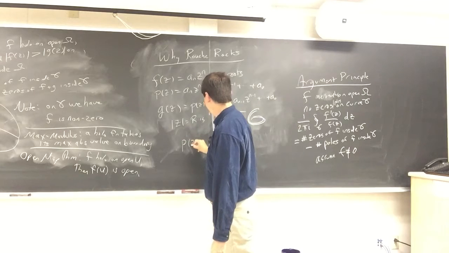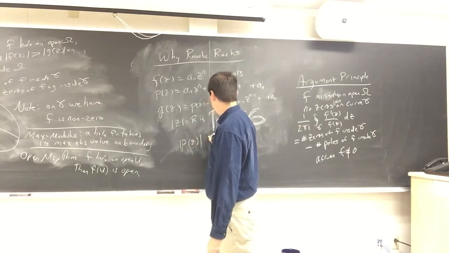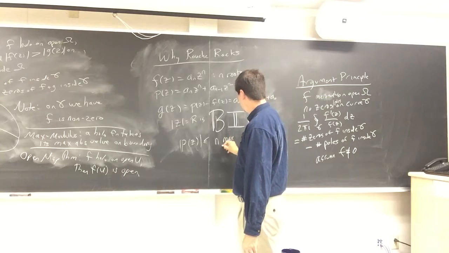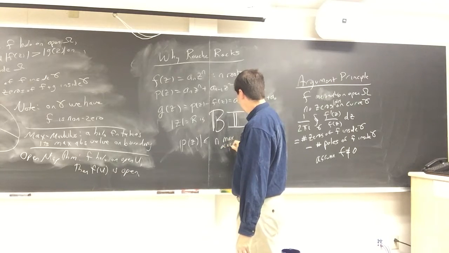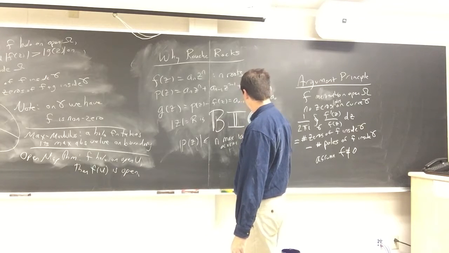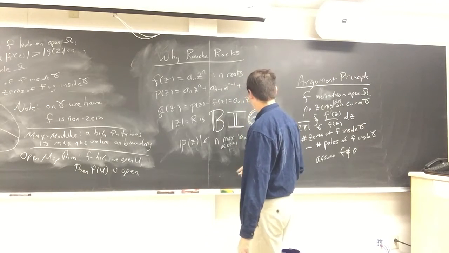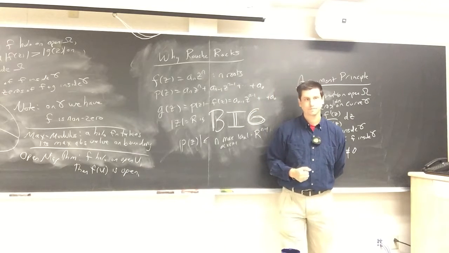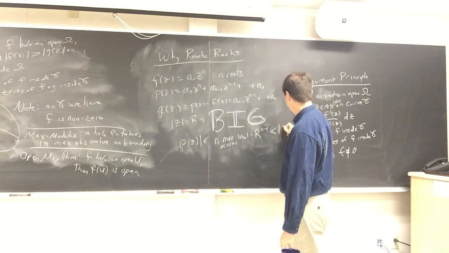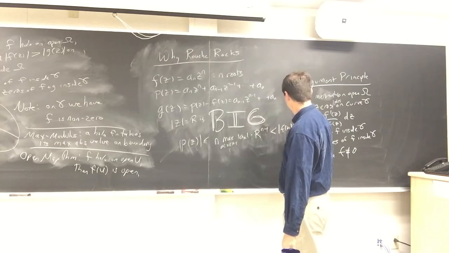The absolute value of g of z is going to be at most, we have n terms, n times the maximum over 0 less than or equal to k less than or equal to n minus 1 of the absolute value of a_k times r to the n minus 1. And this will be strictly less than the absolute value of f of z.